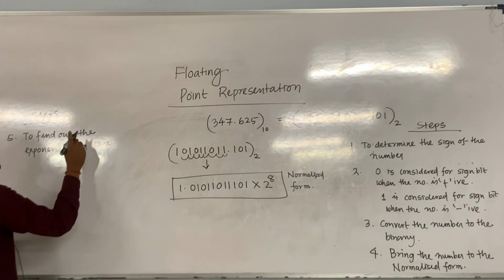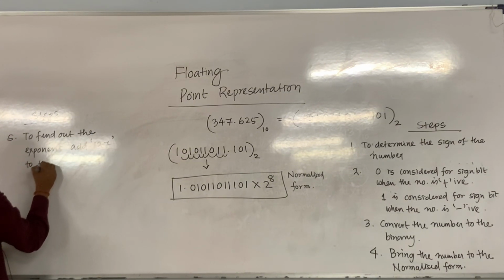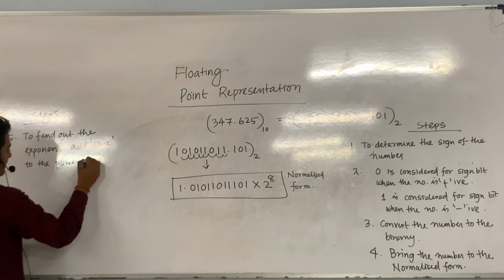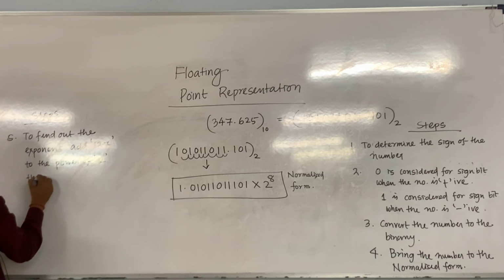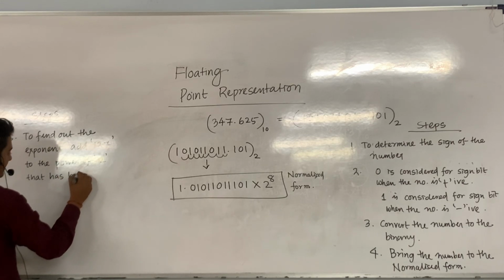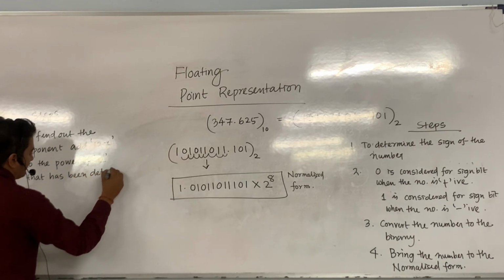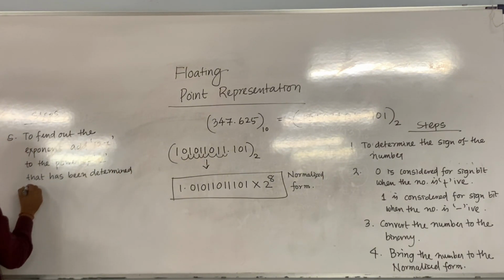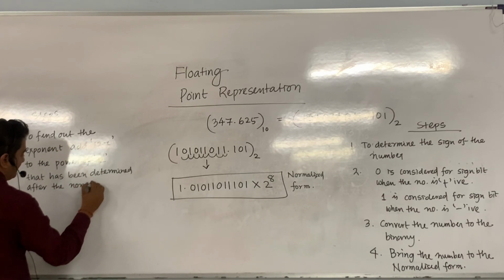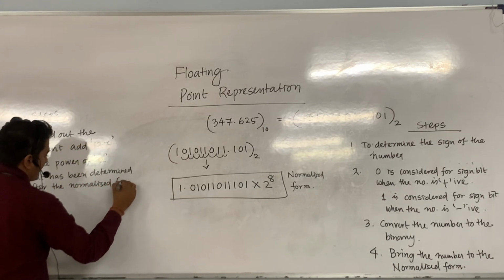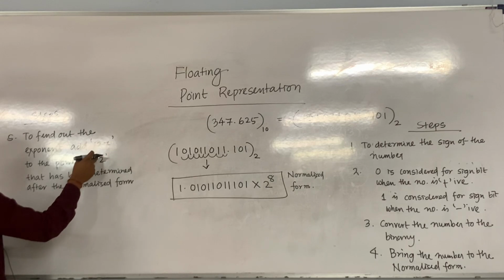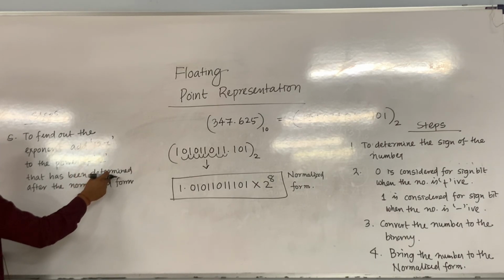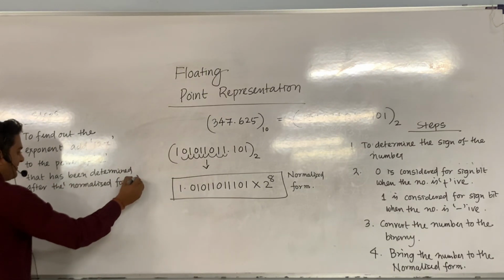We have to add 127 to the power of 2 that has been determined after the normalized form, means after getting the normalized form.